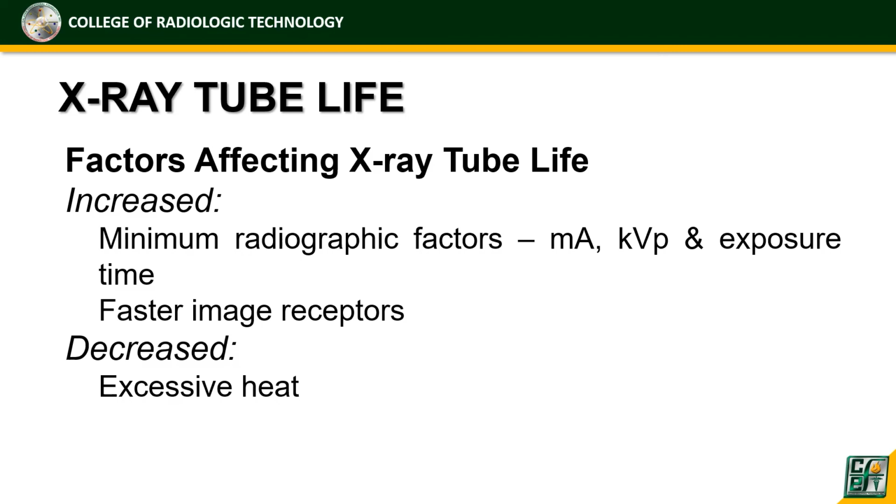Of course, kailangan we must use minimum radiographic technique factors. Bakit kailangan? In order for us to minimize the production of heat. So decrease excessive heat. That is the key to extending X-ray tube life, because the number one cause of X-ray tube failure is tube heat, tube overheating.